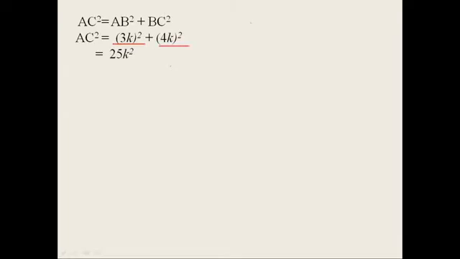So 3k square means 9k square, plus 4k square means 16k square. So 9 plus 16 is equal to 25k square. Now AC is equal to 5k, that is the hypotenuse.